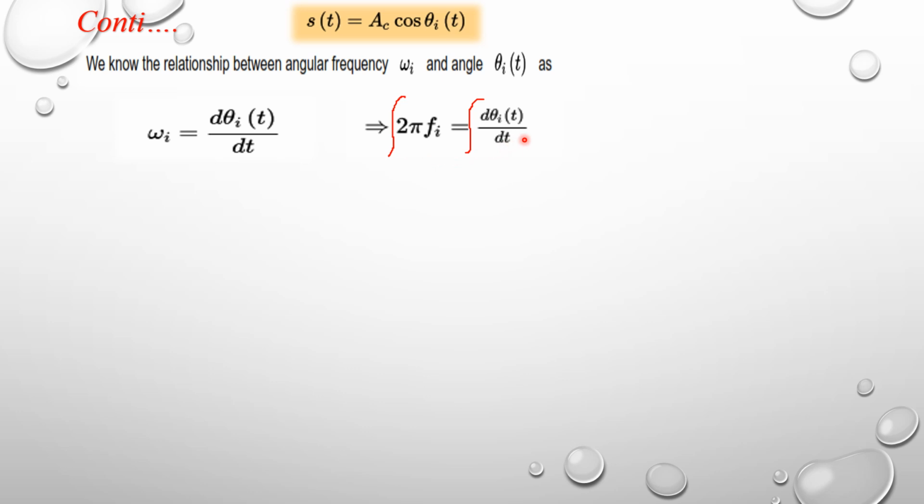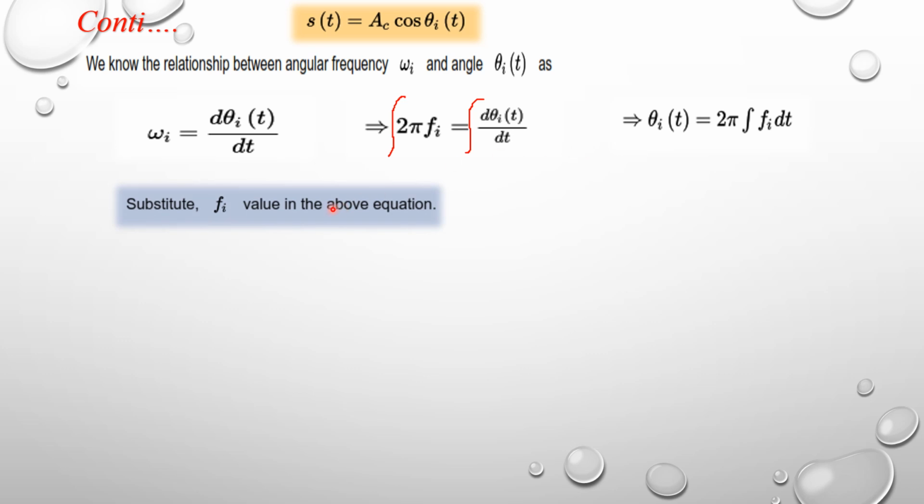Here 2π is the constant factor, and we know that integration and differentiation cancel each other. So θi(t) is equal to 2π into the integration of the instantaneous frequency fi dt. So this is θi(t) in terms of integration.